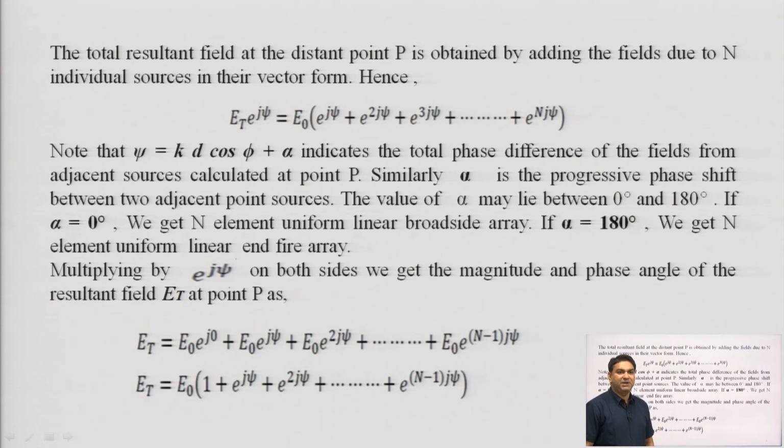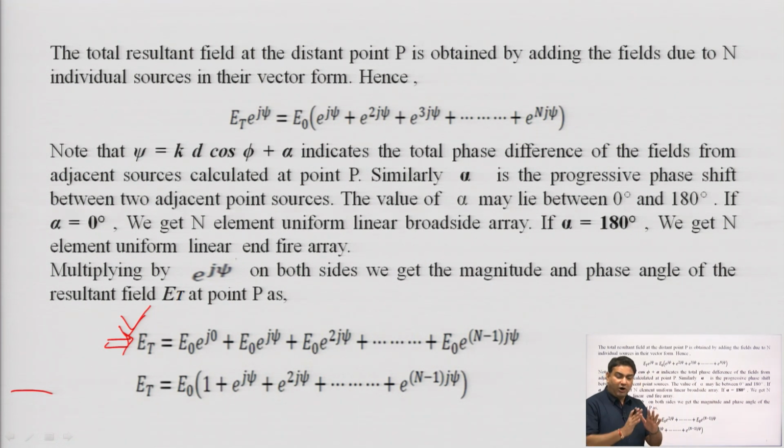Otherwise, simply the resultant field strength can be written as ET equal to E naught e to the power j 0 plus E naught e to the power j psi plus E naught e to the power 2j psi plus E naught e to the power 3j psi and so on, up to E naught e to the power (n minus 1) j psi.